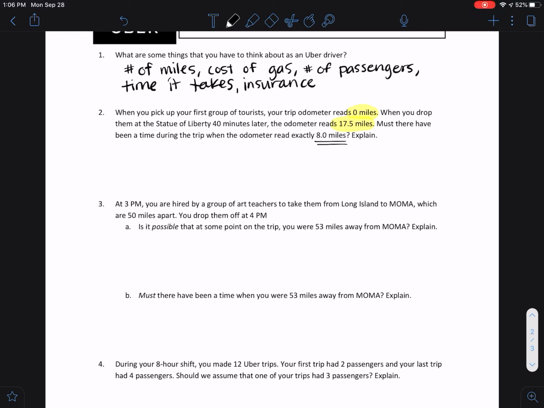It's going to gradually work its way up to 17.5. It's never going to just kind of jump there. So yes, we have to have hit exactly 8 miles, because you can't skip over 8 miles to get to 17.5, right? You can't skip over distance.